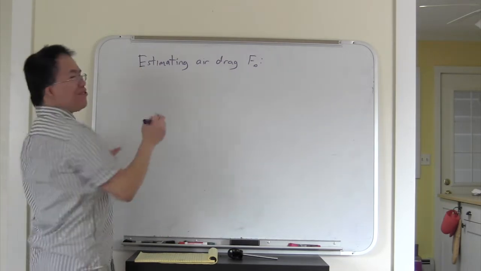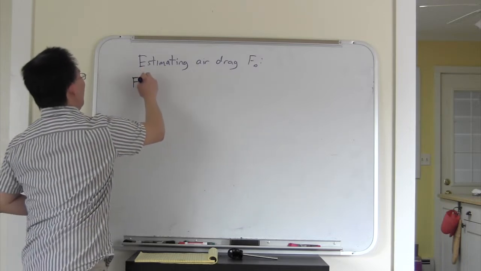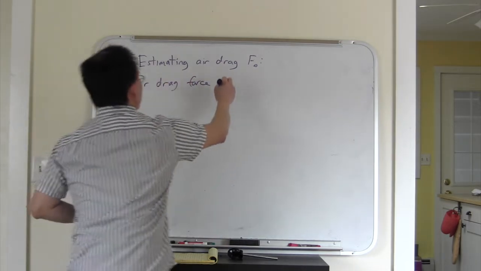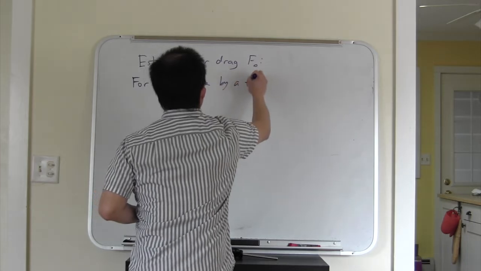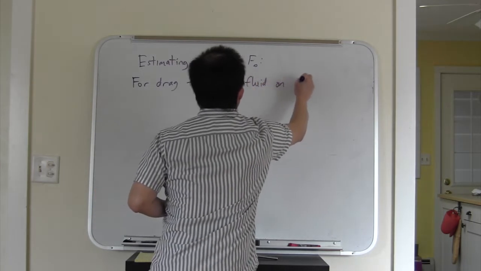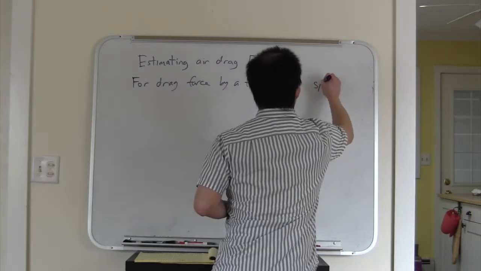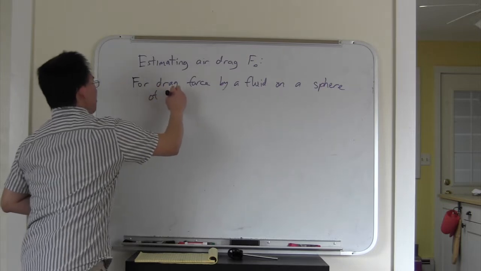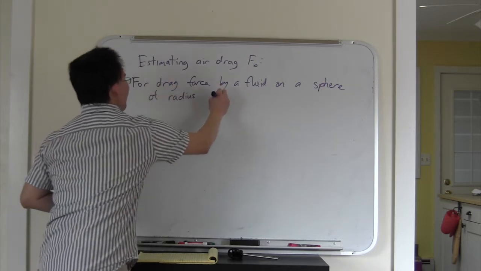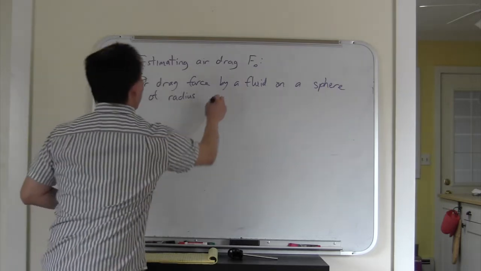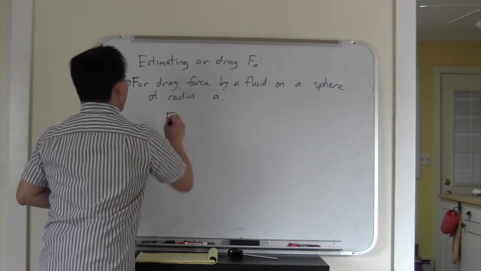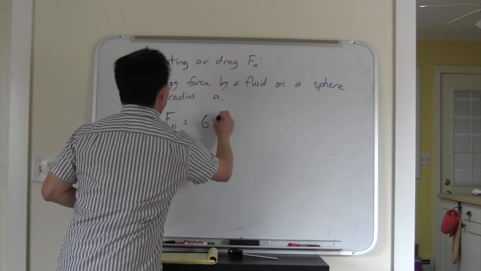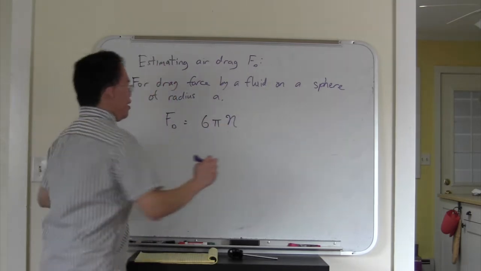It shows the following. For the drag force by a fluid on a sphere of radius a, it turns out that the drag force has a magnitude of 6 pi eta a v.